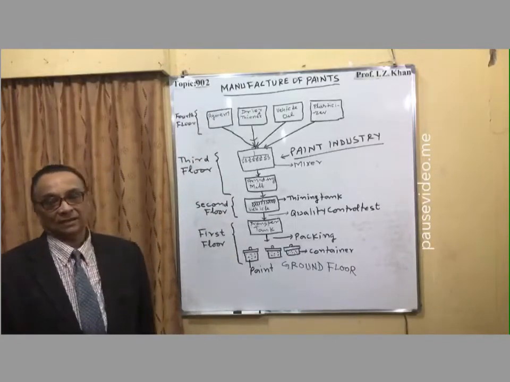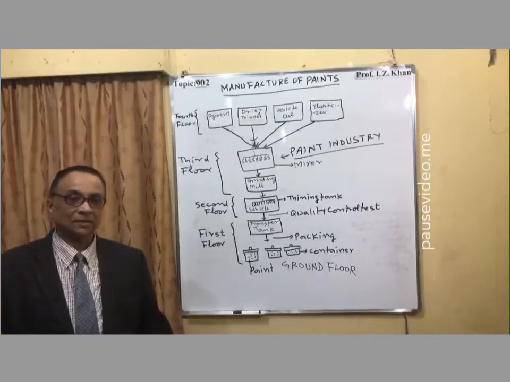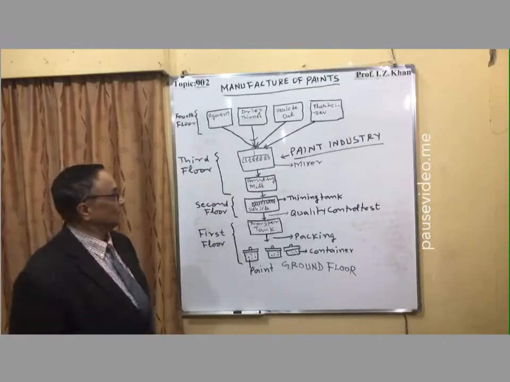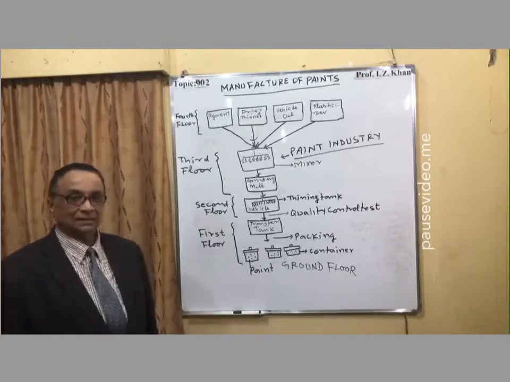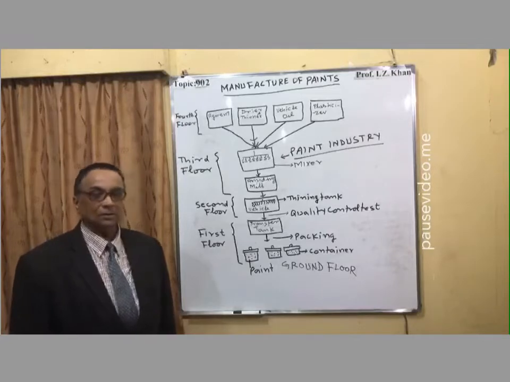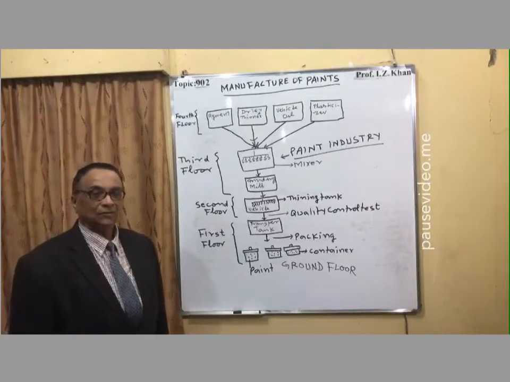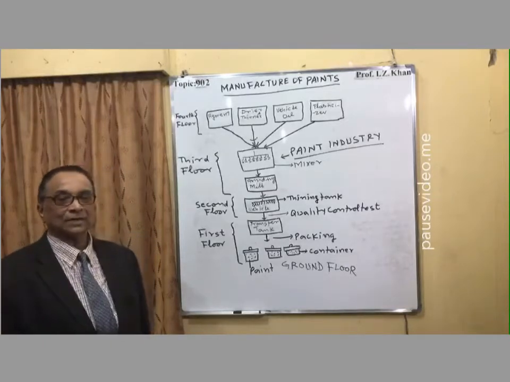If we are thinking of starting a paint industry, either in Maiduguri or anywhere in Nigeria or India, we should consider at least space for four floors, first floor, second floor, third floor, and fourth floor, that is ground floor.